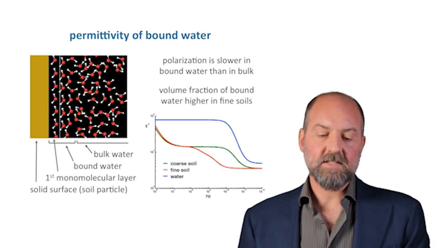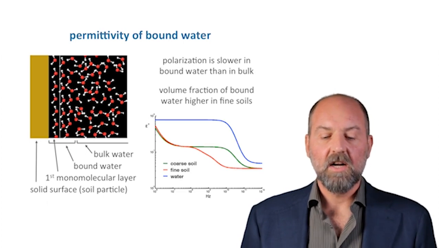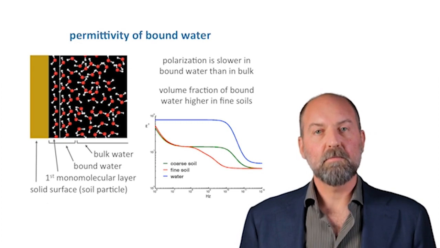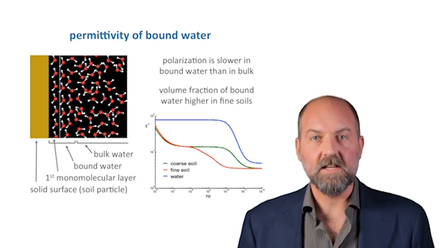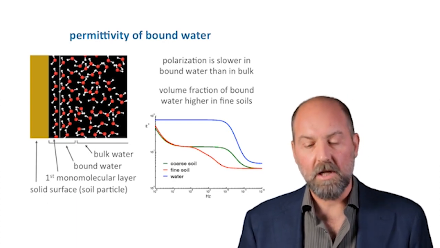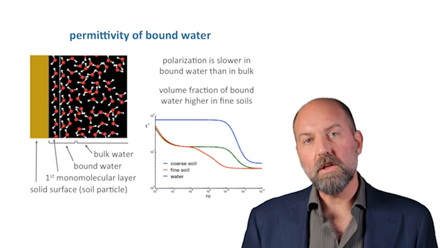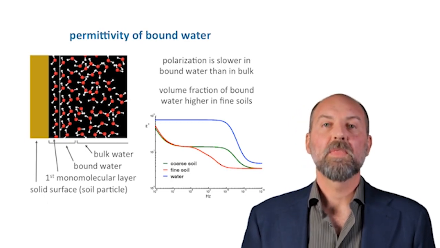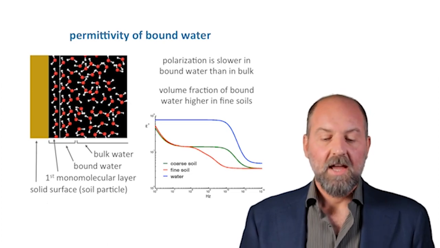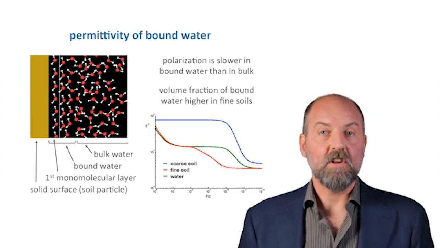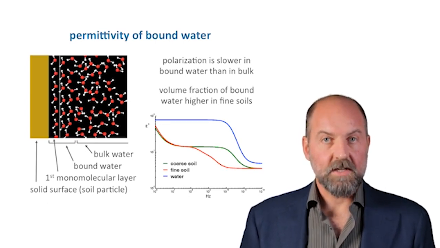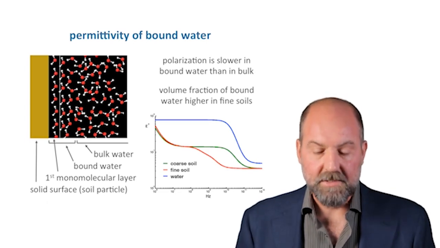And here you see that the molecules are oriented in a way that is, if you like, more organized, less chaotic compared to the organization that they have in bulk water. The structure of water molecules in proximity of the surface, in fact, resembles somewhat the structure of ice. And in fact, often what we call bound water is treated as ice, at least as far as dielectric permittivity goes.